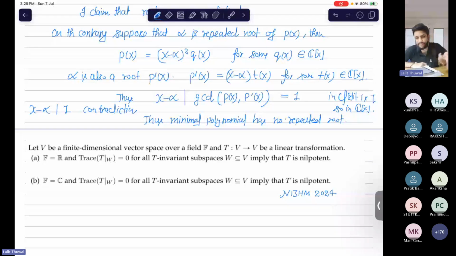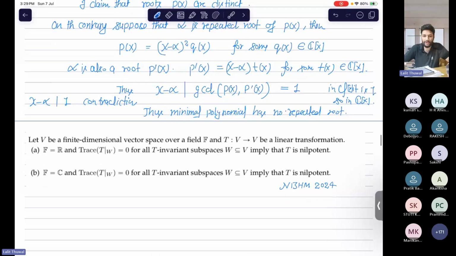Let's prove it. This is true for any extension. If you have a field F and an extension K of it, and you have any two polynomials over F whose GCD is d, then the GCD of those polynomials in K is also going to be d.